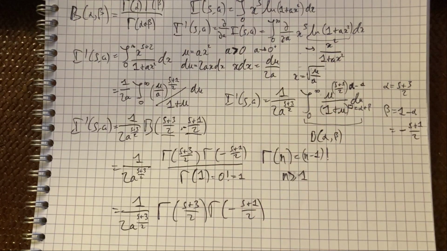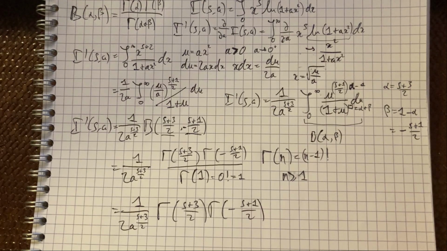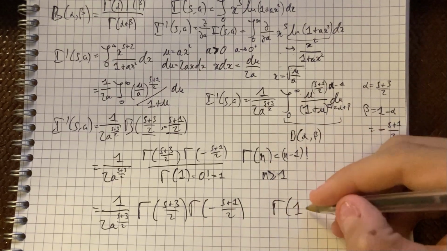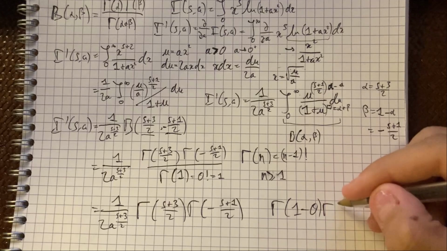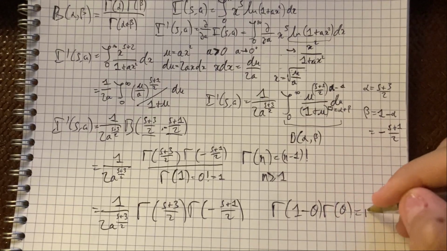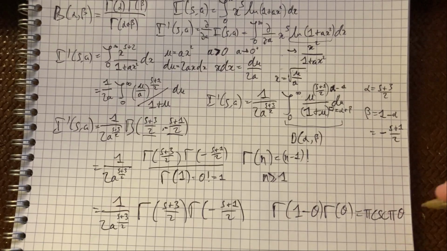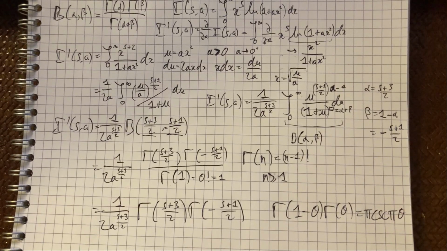And now we have to use a crucial theorem around the gamma function, which is the Euler reflection formula, which is a very important formula that I will prove in a next video. Gamma of 1 minus theta times gamma theta equals pi cosecant pi theta, where cosecant is just 1 by sine.